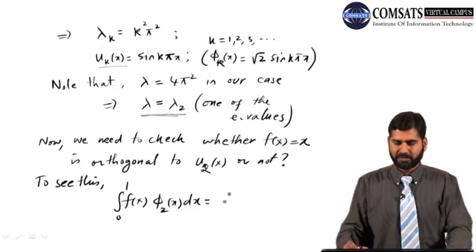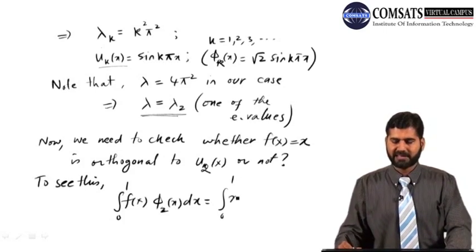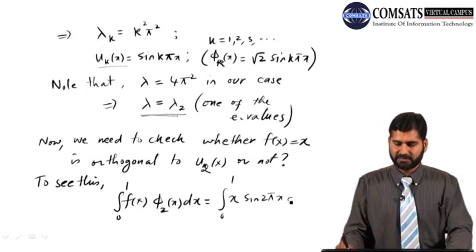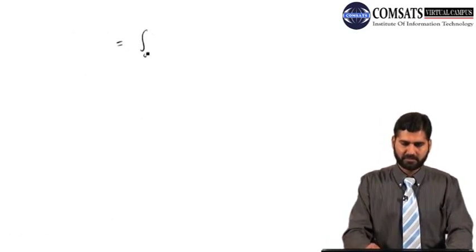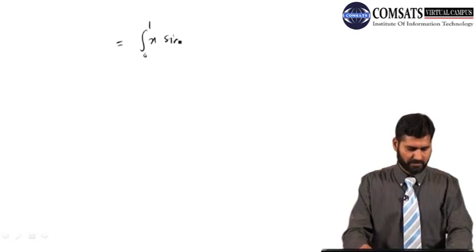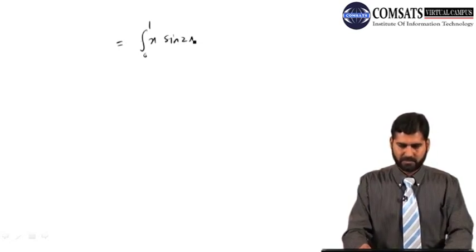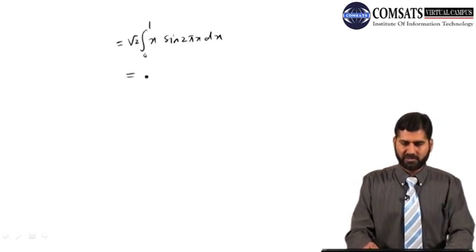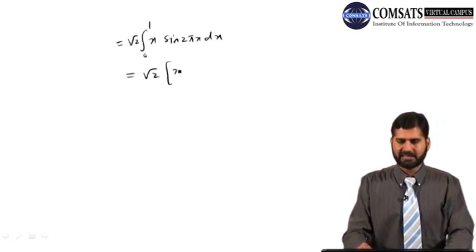So this is the integral from 0 to 1, f(x) is x, and φ_2(x) is sin(2πx) dx. If you integrate, you will get the square root of 2 outside, and x as it is.